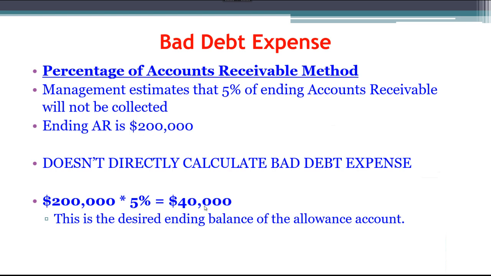We get $40,000 again, but it's a different $40,000. This is no longer our journal entry. Under the percentage of accounts receivable method, this is not the journal entry amount. Instead, it tells us what we want the allowance account to end up at the end. So we have to make an adjustment to get the allowance account from wherever it currently is up to $40,000, or sometimes down to $40,000. Usually up though.